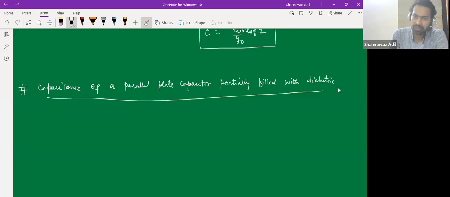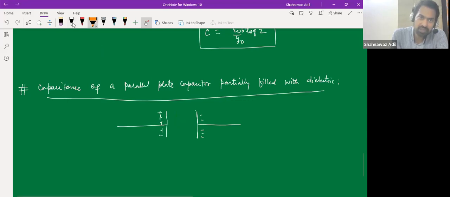We have two plates, and in between these two plates, let's say this is a positive one, and this is a negative one. Some slab is here, but it is partially filled. So we have some slab with some thickness, and it is partially filled.